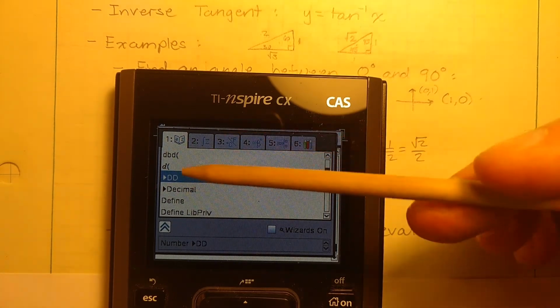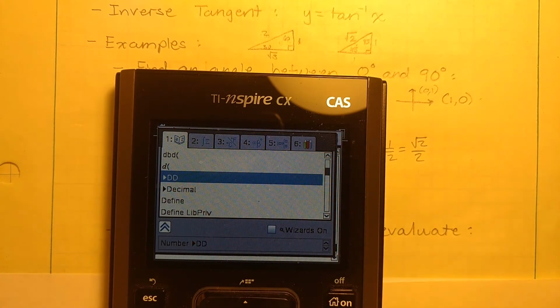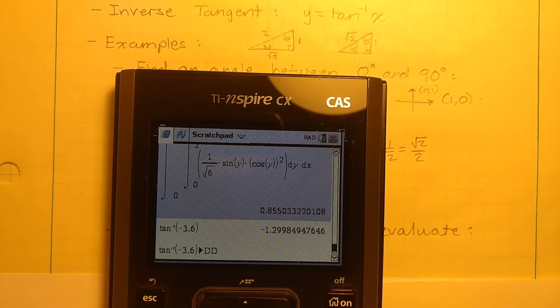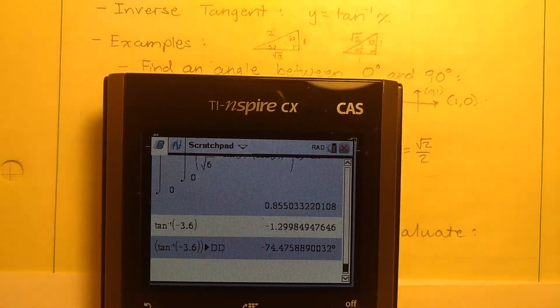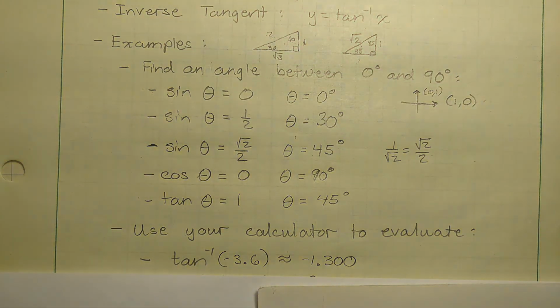I look for the choice that's arrow DD. If you need to jump in your catalog, just enter the letter you're interested in, and it'll jump right to that. So if you enter D, you'll jump right to the D's, and it's pretty easy to find arrow DD. What that is saying is I want to change it to decimal degrees. Now when I hit enter, it gives it to me in degrees. The other thing I could do is simply change my mode to degrees, and then I would get an answer in degrees.